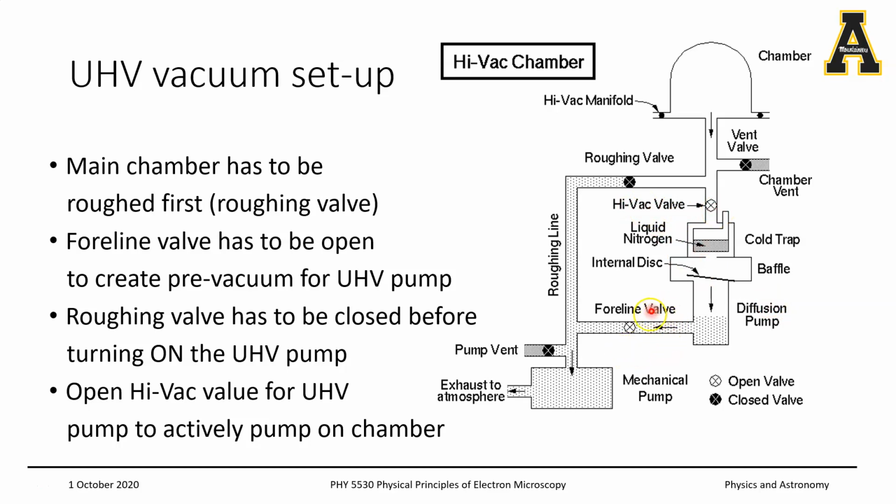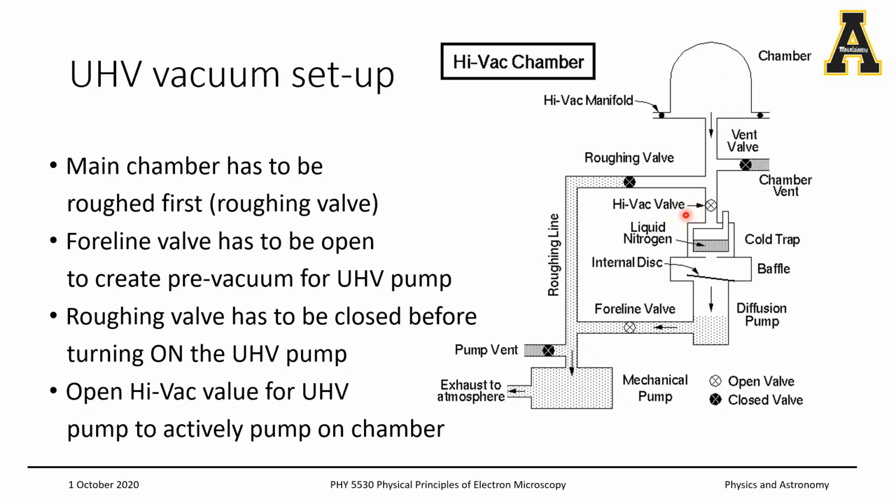Then there is typically a pressure monitor somewhere here that tells you that you have reached the pre-vacuum conditions for the respective pump that you have here. Under those circumstances, you're going to close the roughing valve, and then you're going to turn on the diffusion pump or the ultra high vacuum pump, and then you're going to open the ultra high vacuum valve, so that the mechanical pump should not be pumping on the chamber anymore the moment you open the ultra high vacuum valve.